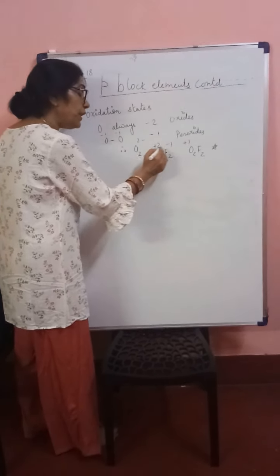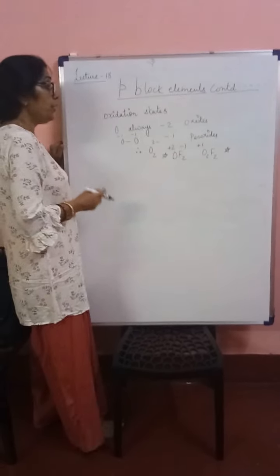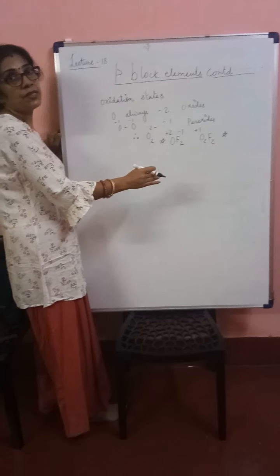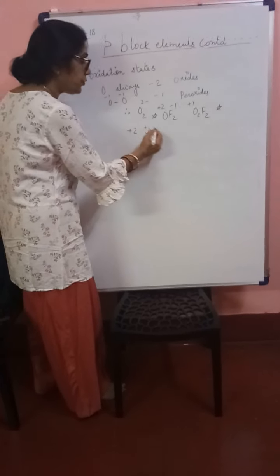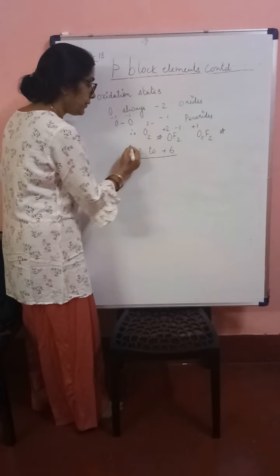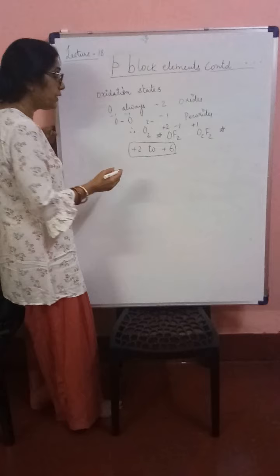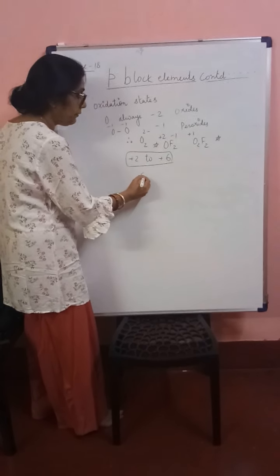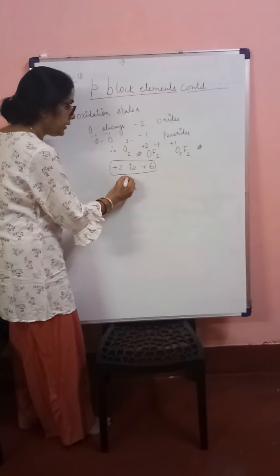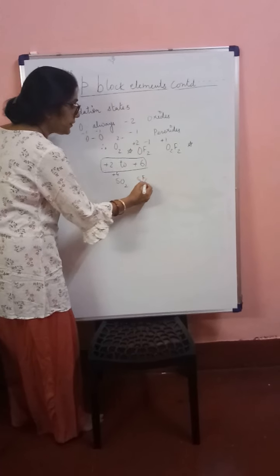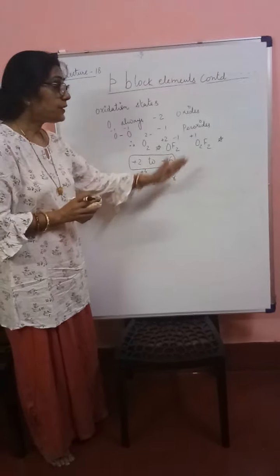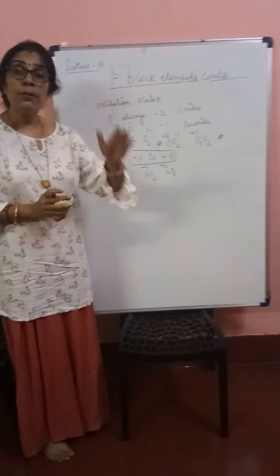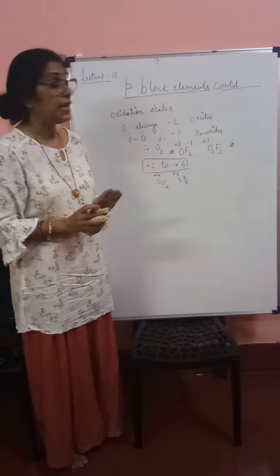Here also this is -1, so this will be +2. So far as the rest of the elements are concerned, they have +2 to +6. As for example, in case of sulfur, SO2, here it is +4, SF6, now it is +6.